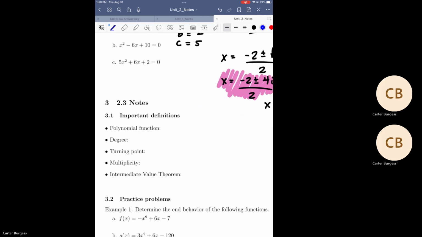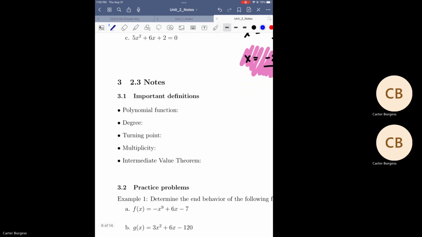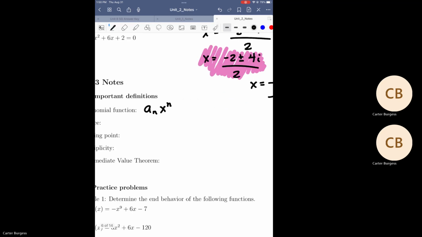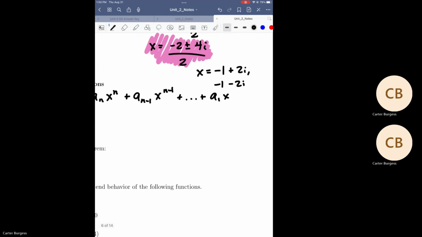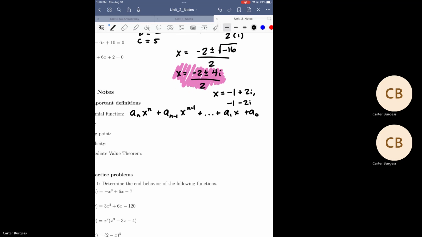So the polynomial function, we can write any polynomial in the form of a sub n times x to the n plus a sub n minus 1 times x to the n minus 1 plus all the way down to a sub 1 times x plus a sub 0.